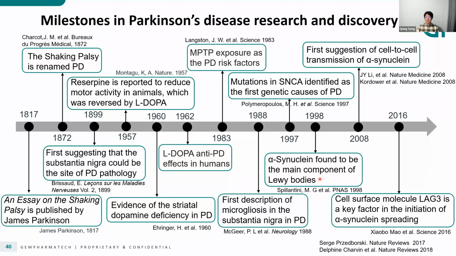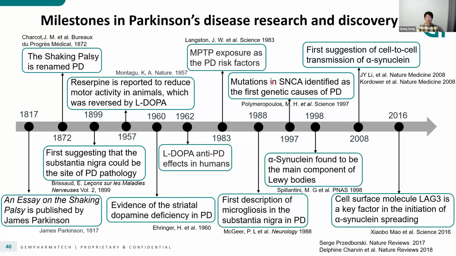Besides that, not only genetic risk factors can induce Parkinson's disease, but external substances can also induce a Parkinson-like phenotype. It has been reported that MPTP exposure can add to the Parkinson's disease risk.